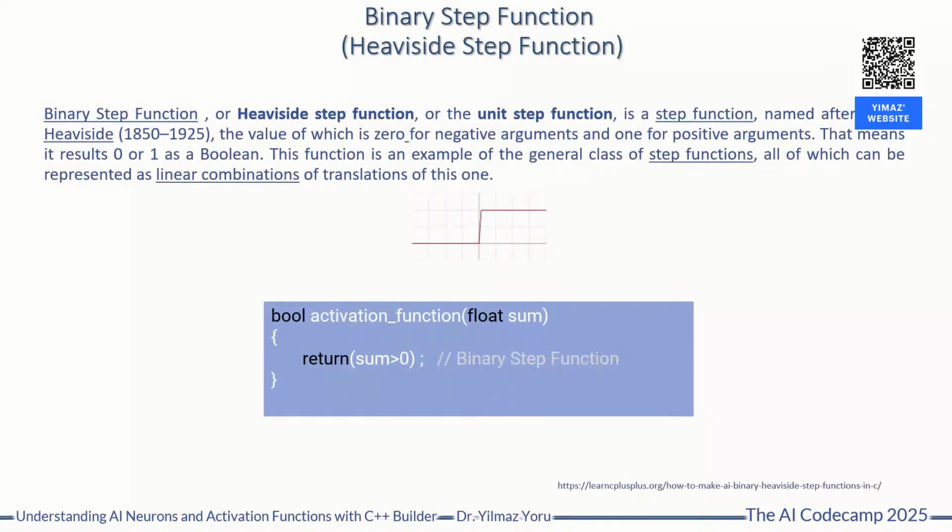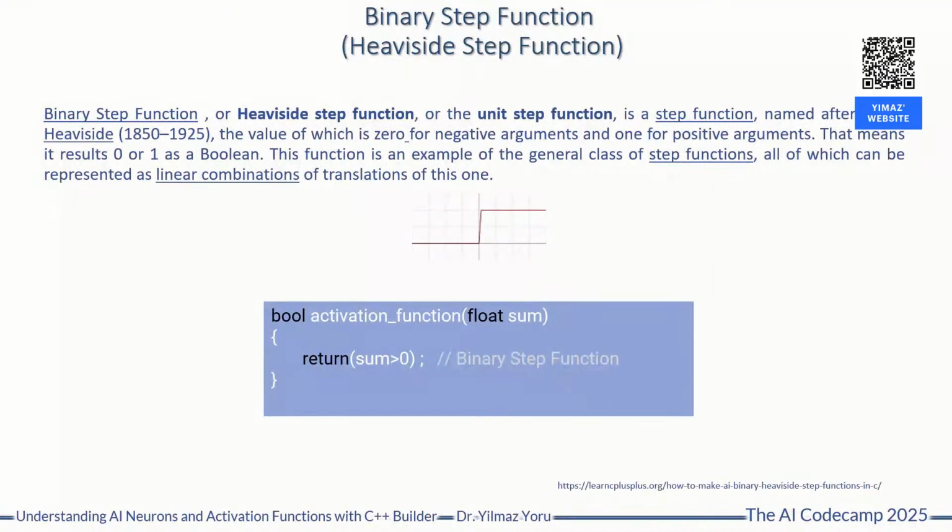The next function is the binary step function. The binary step function, or Heaviside step function, also called the unit step function, is a step function named after Oliver Heaviside, the value of which is 0 for negative arguments and 1 for positive arguments. That means it results in 0 or 1 as a boolean.